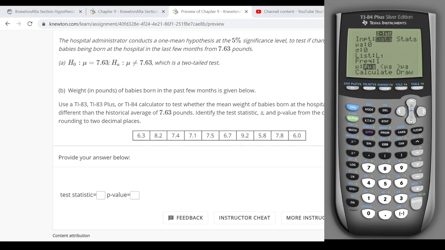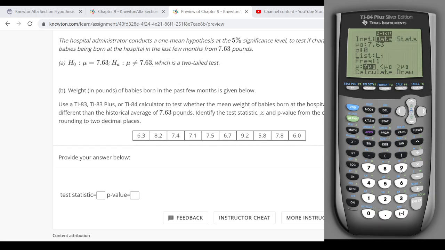Now, this first part, you see mu 0. Remember how the null hypothesis is labeled H0? So this mu 0 is the population mean that you're assuming from the null hypothesis. So remember, we're assuming that the population mean for the baby weights is 7.63.